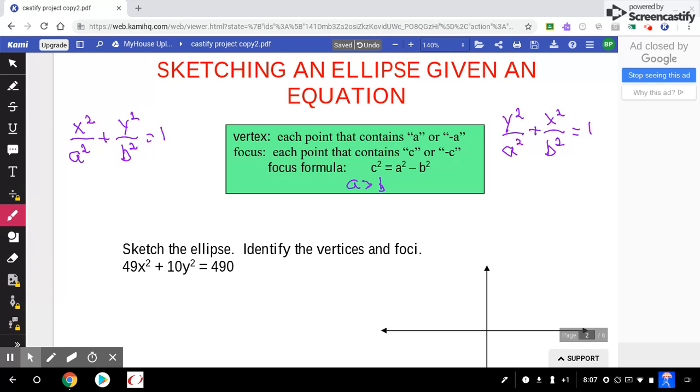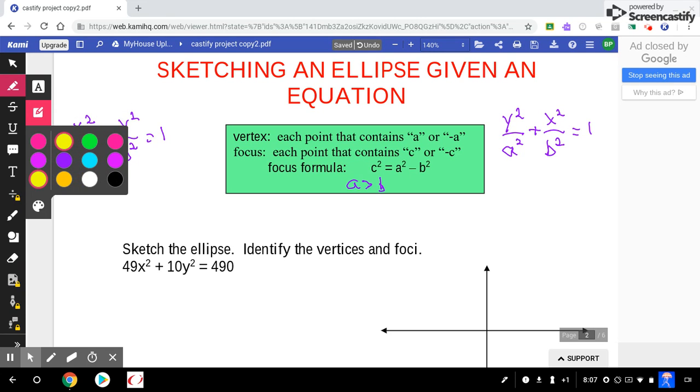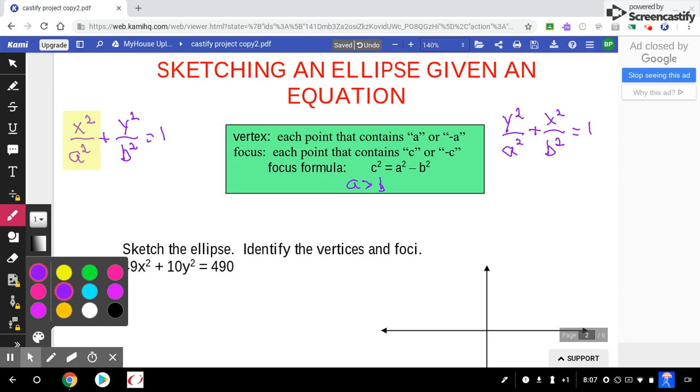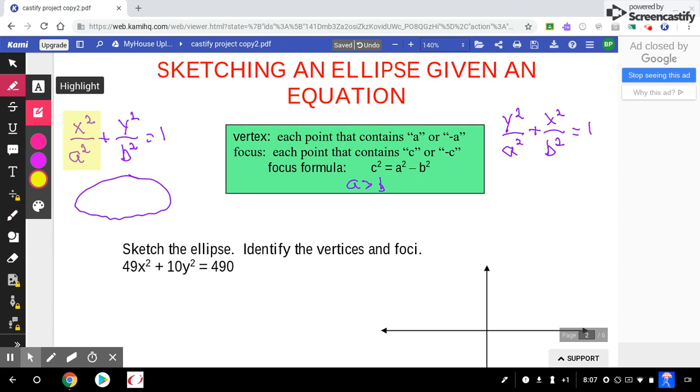So in this particular situation over here on the left, when you've got the x squared term over top of the bigger number, you are talking about an ellipse that goes long ways, or that direction.